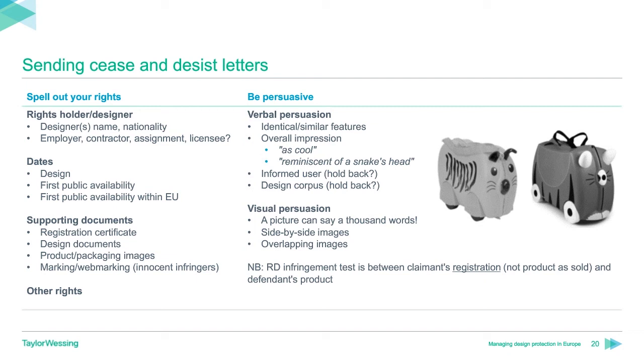So for instance, in Apple and Samsung, the question was: was the Samsung tablet as cool as the Apple one? In the Reckitt Benckiser air freshener case, it was: was the infringing product reminiscent of a snake's head or another type of creature's head? So assuming that's all in your favor, it's a good idea to try and come up with your own version of what you're saying the overall impression is.